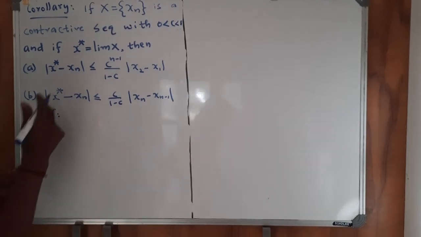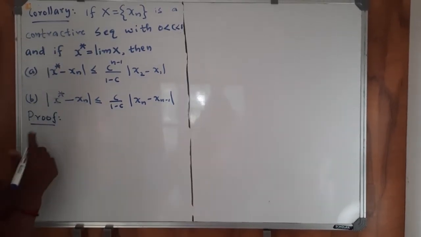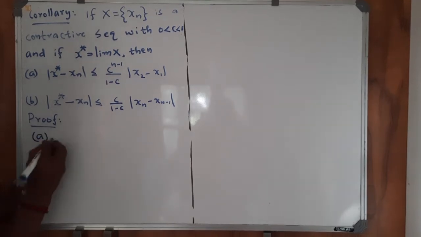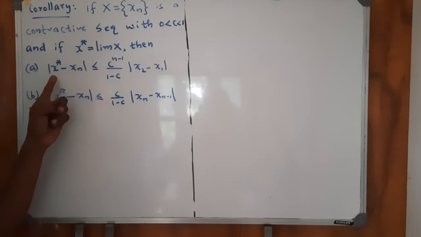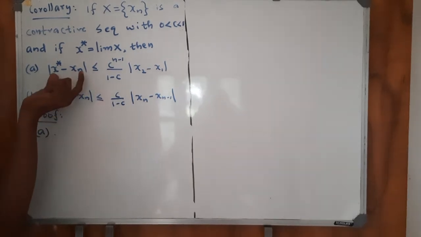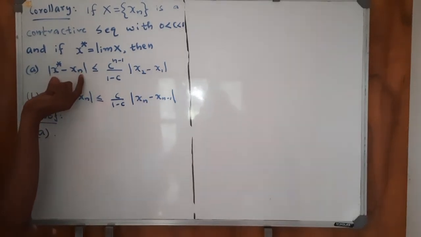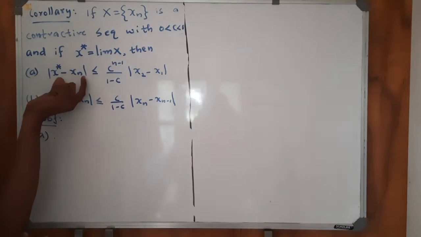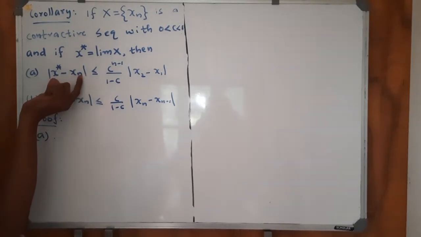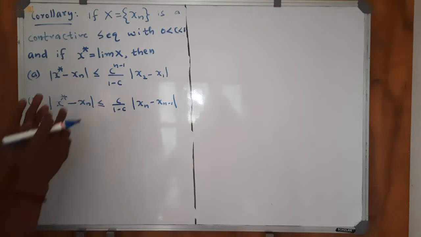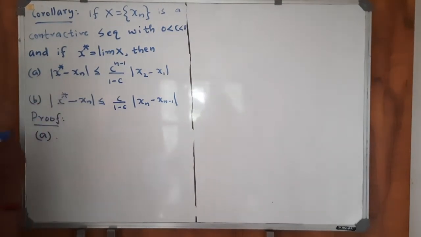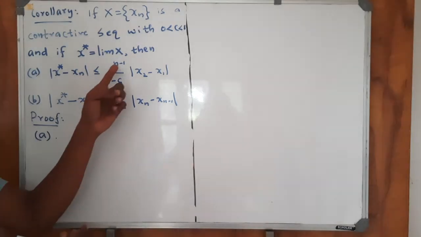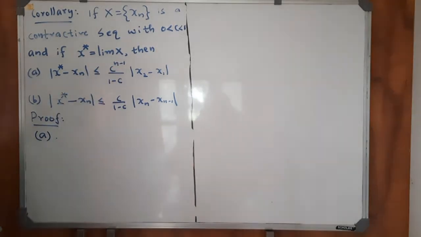So let us prove the corollary. Part A. The importance here is that part A says that the error of estimation between the limit and the nth term of the sequence, the difference between the nth term of the sequence and the limit, is always less than or equal to c raised to n minus 1 divided by 1 minus c into modulus of x2 minus x1.